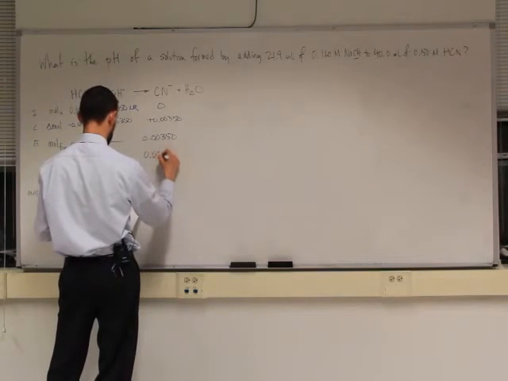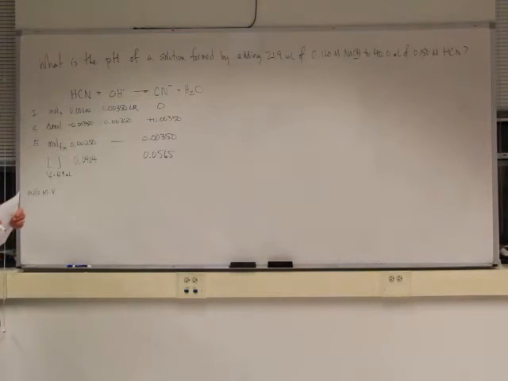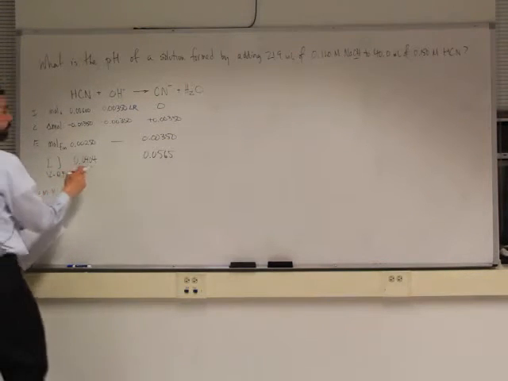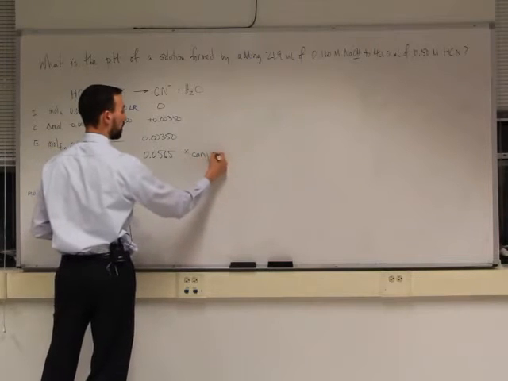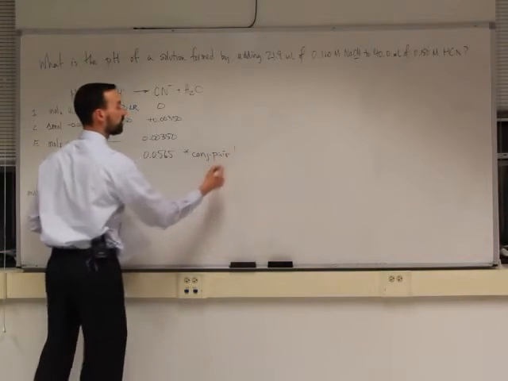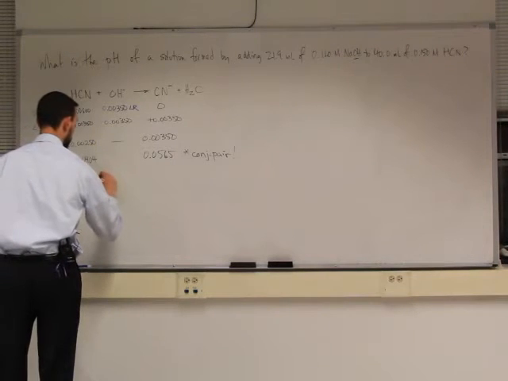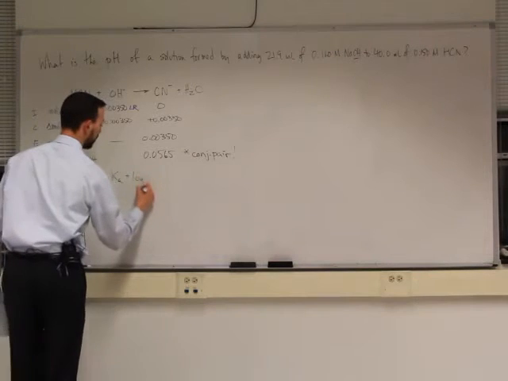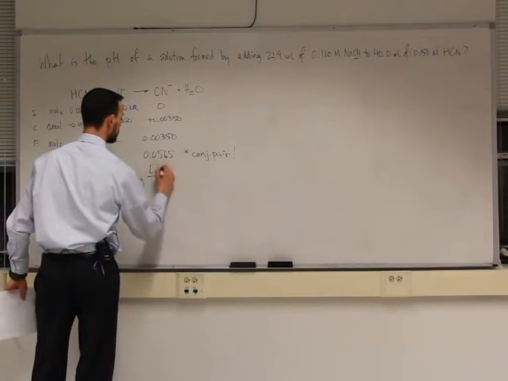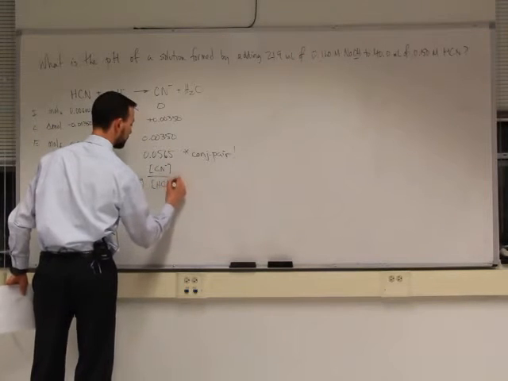and 0.0565 molar for cyanide ion. Once I recognize a conjugate pair present in solution, I don't need to go any further. The pH is now equal to the pKa plus the log of the base, so that's CN minus, over the acid.